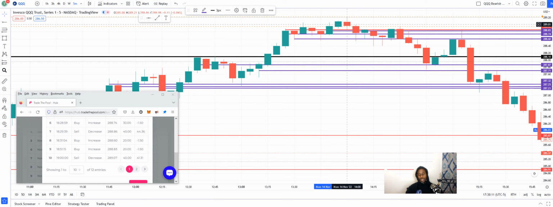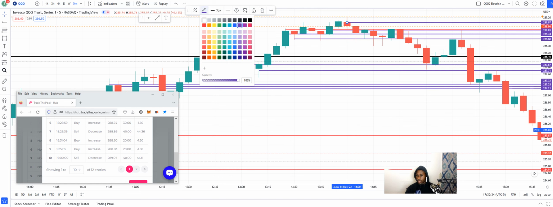I'm like, okay, maybe it isn't worth it. So I sold 40 more at 28907 at 2 o'clock. That's this candle. Change this to red.